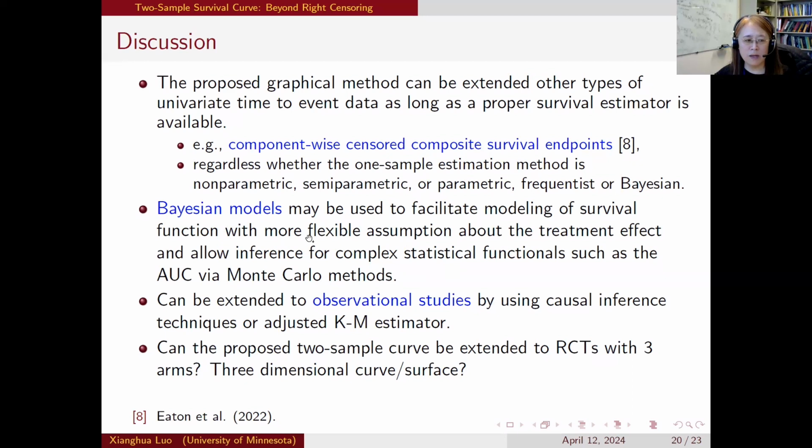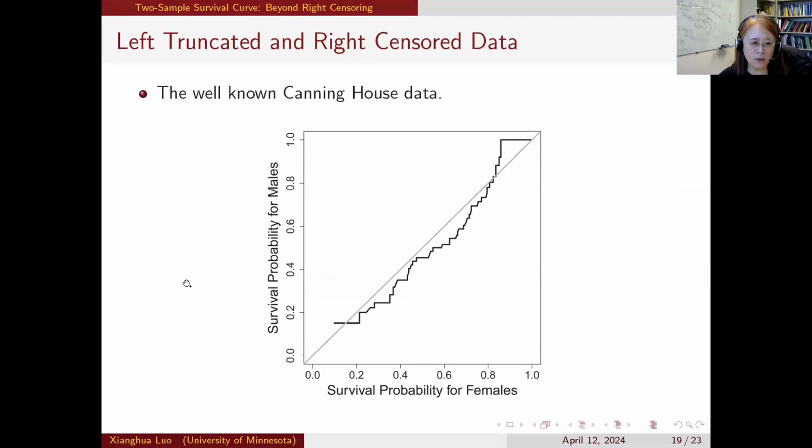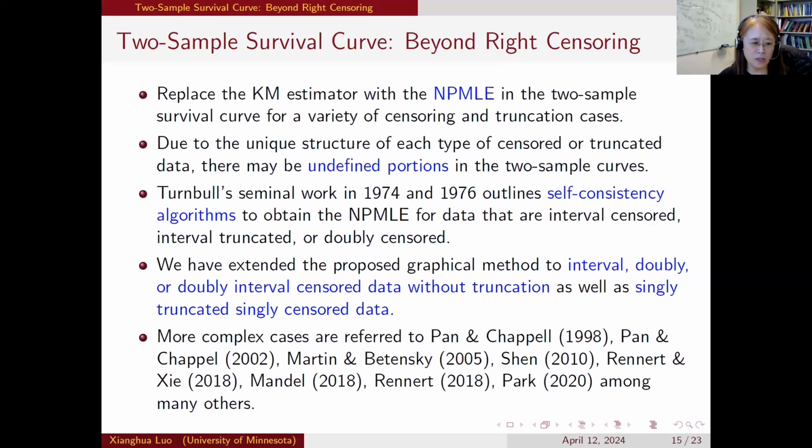I mean, there are a lot of advantages in Bayesian modeling because the treatment effect can be very flexible. We don't have to have an assumed form like the Cox model. And also we can draw inference for a complex statistical functional such as the AUC. Maybe I can quickly go back to the definition of AUC.